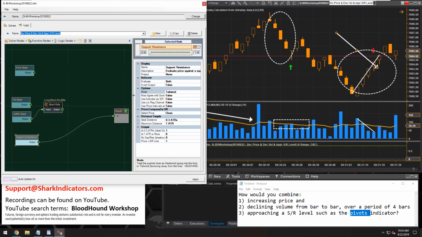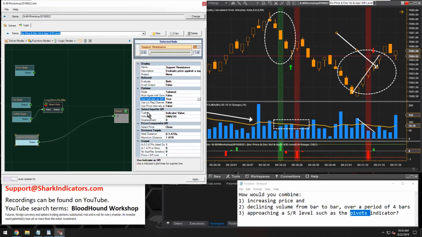And let's see here. The next thing we need to do is we're going to be using an indicator to determine those support resistance levels here, right? So we're going to use indicator as SR level. So let's set that to true.